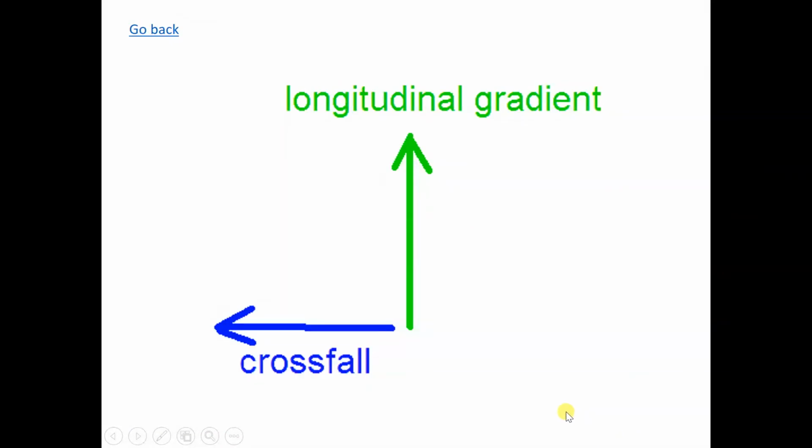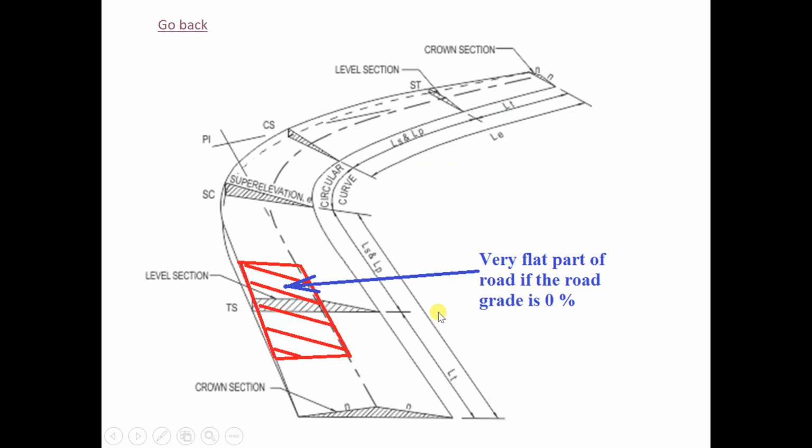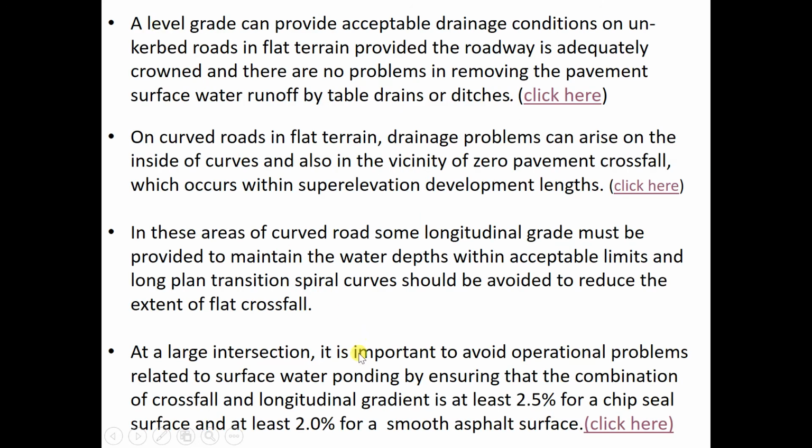So at the intersection, you must provide a resultant of the longitudinal gradient and crossfall that needs to be like 2.5% or 2%, so that the water will be able to slope. If it's too flat, it could be a lot of problems.